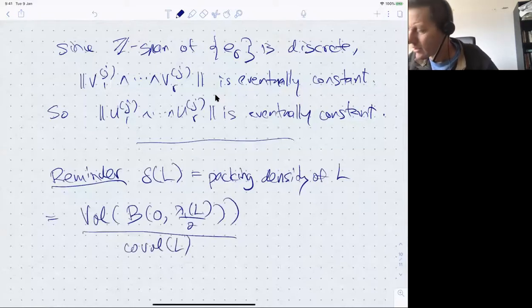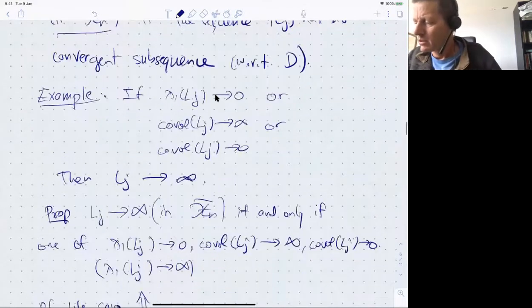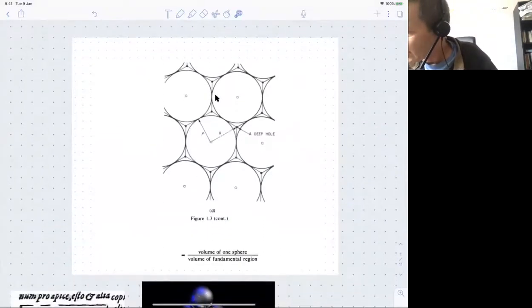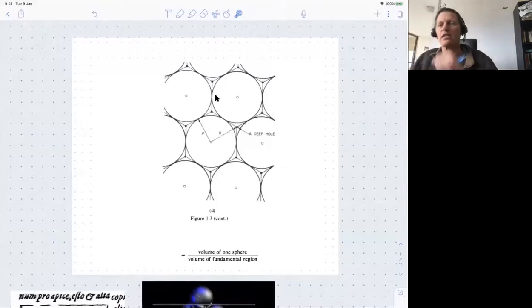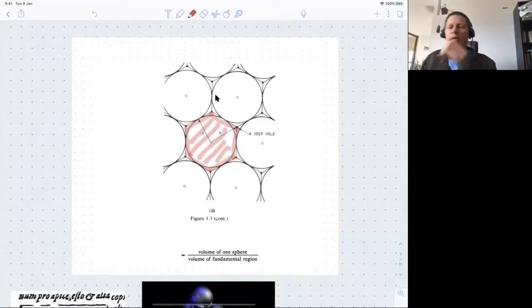So let's go to a picture that I showed you a few weeks ago. These points here are points of the lattice. In fact, this is the hexagonal lattice. This hexagon here, the interior of this hexagon, is a fundamental domain.